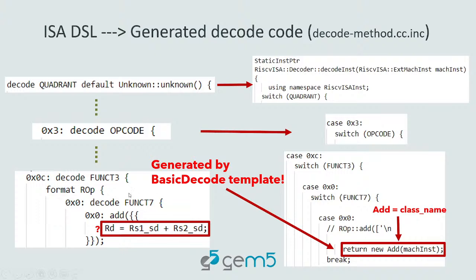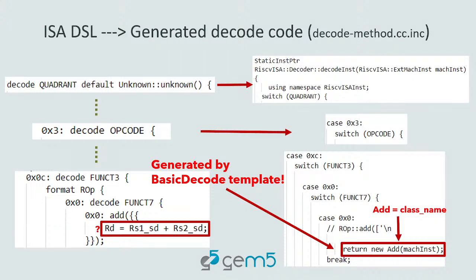You can see that once we invoked the function on add through that format, our op, in order to create the decode part of our C++ code, it used the basic decode template, which was really doing return new, then a symbol, class name, and then machine inst. In this particular case, because it's an add instruction, we replace that symbol with add. That's why the generated code is showing you return new add.